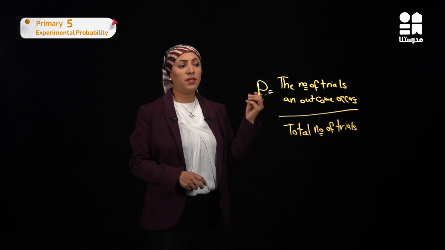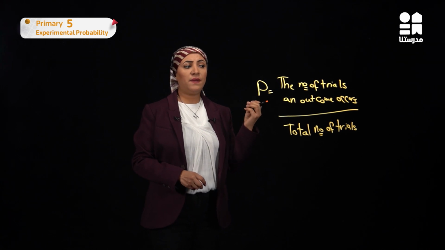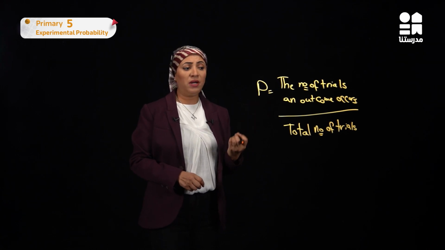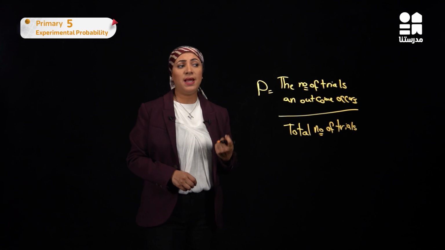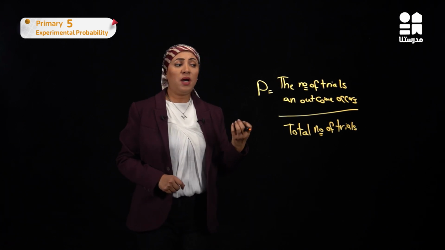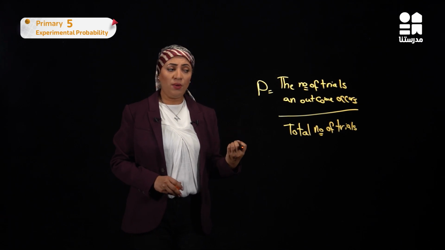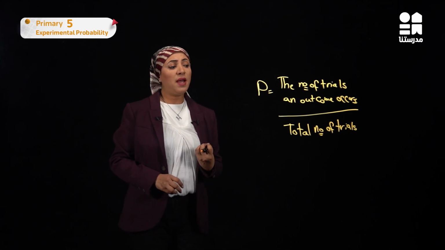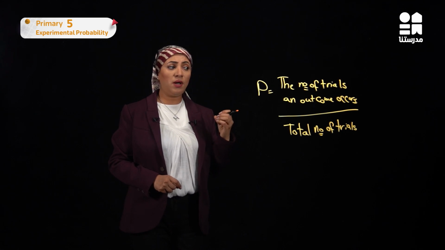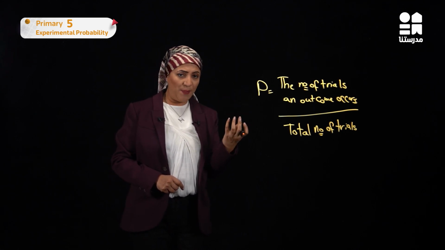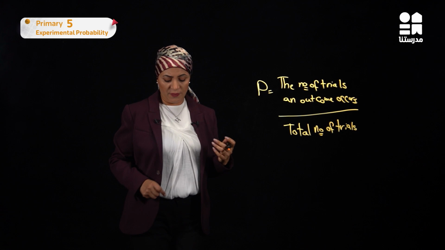It is the number of trials of an outcome to occur over the total number of trials. Yani how many times I tried or how many trials did I do to get an outcome over the whole for this outcome to happen over the total number of trials.